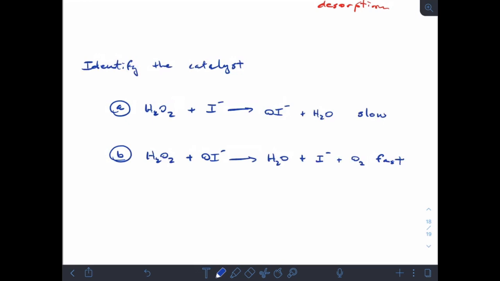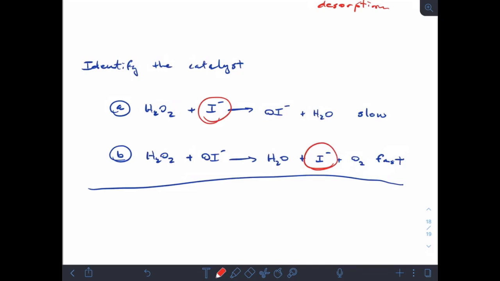Okay, so if I combine these two equations, we subtract the things that are on opposite sides from each other. Our I minus is the same on both sides, so that goes away. Our OI minus are on opposite sides, so they go away.